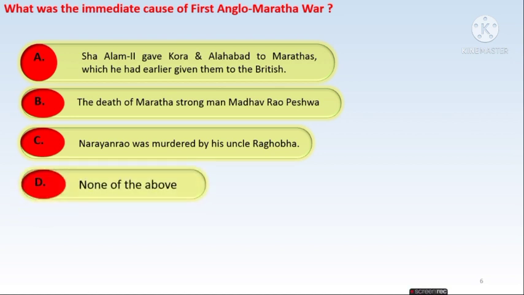So guess, what was the main immediate cause for the first Anglo-Maratha war to happen? Yes, it is option A, when Shah Alam gave Kora and Allahabad to Marathas, which had earlier been given to Britishers. Therefore, option A is the right answer.